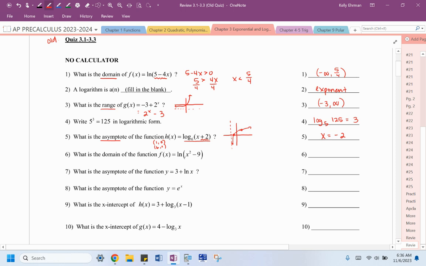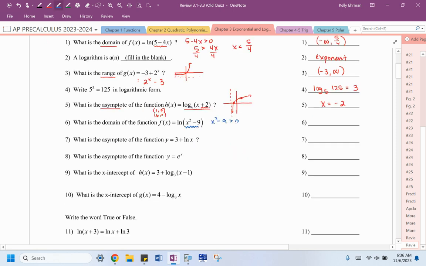Back to domain, like number 1. So remember the rule was take the expression inside of the logarithm and set it greater than 0. And if you have something that's not linear, so it's quadratic or high degree polynomial or rational, you need a number line. So we get critical numbers. What makes this function equal to 0?